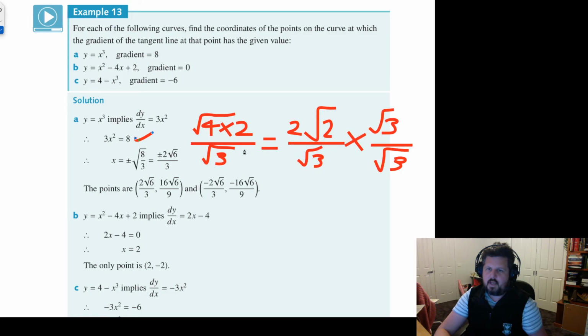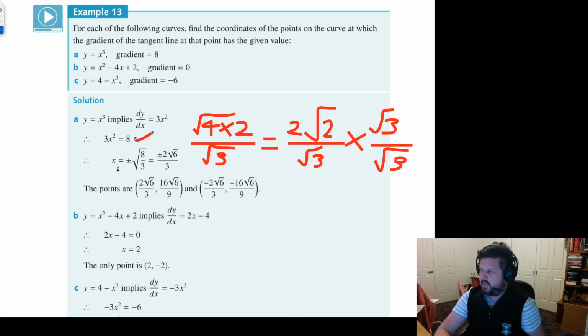And what they've done here is just rationalize the denominator by multiplying by root 3 over 3. By doing that, you end up with just the 3 on the bottom line. And here you've got root 2 multiplied by root 3, which is obviously the root 6 part, 2 root 6. So that's just a recap of how they got to there.